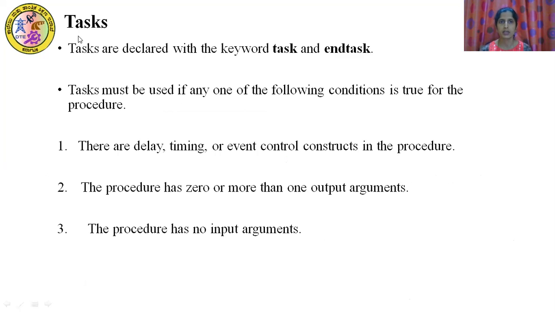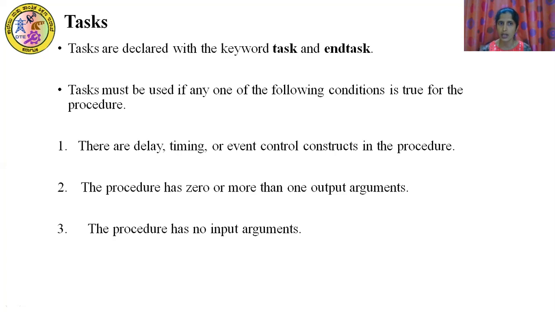So, starting with tasks. Tasks are declared with the keyword task and they end with the keyword endtask. Tasks must be used if any one of the following conditions is true for the procedure. The first condition is if there are delay, timing, or event control constructs in the procedure.